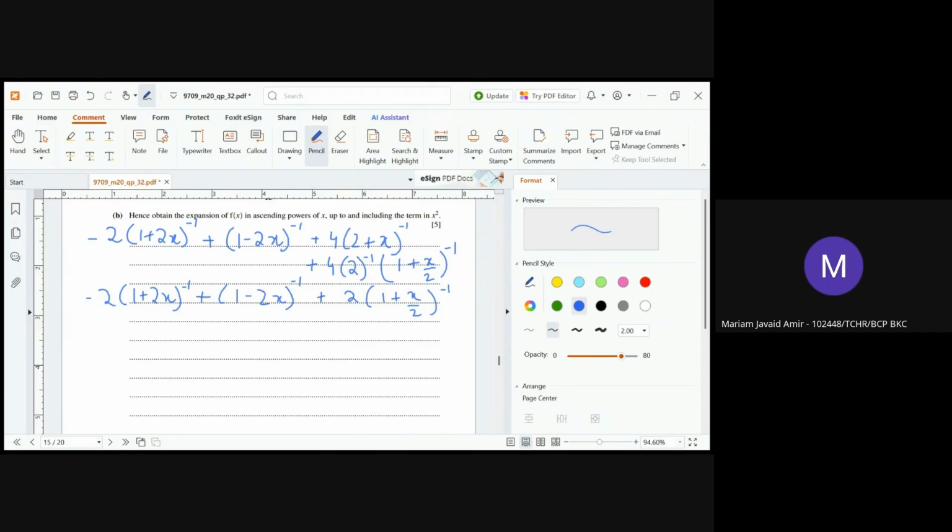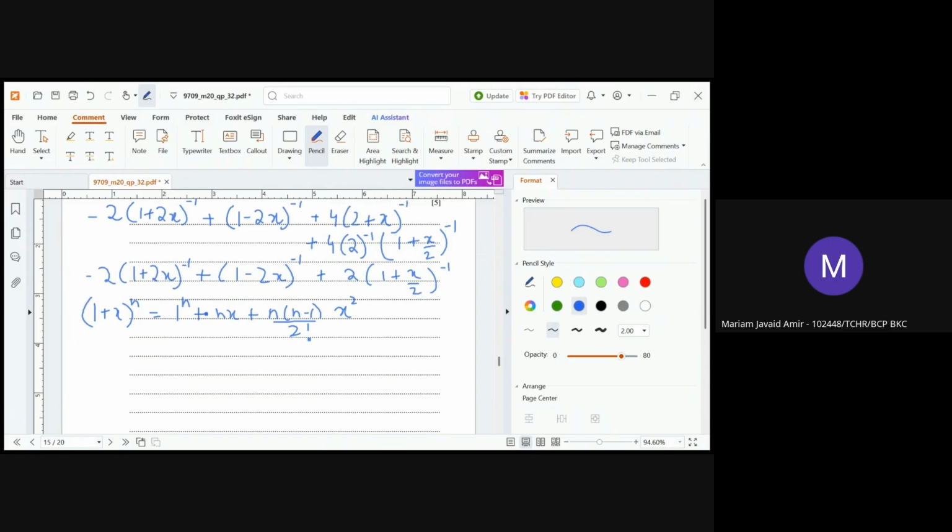Now we're ready to expand all of them using the formula (1 + x)^n = 1^n + nx. How many terms do we have to find? We just have to go till x². So nx plus n(n - 1)/2! times x². Let's apply that, starting with (1 + 2x) to the power minus 1.